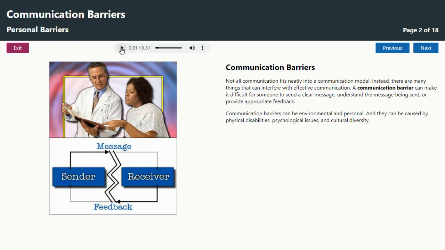Communication barriers can be environmental and personal, and they can be caused by physical disability, psychological issues, and cultural diversity. So what you need to know, anything that interferes with effective communication is a communication barrier.